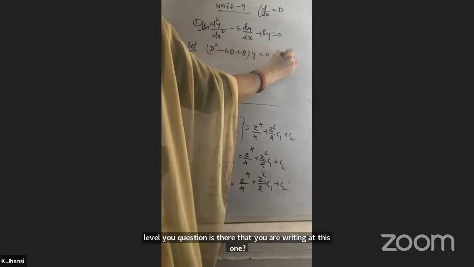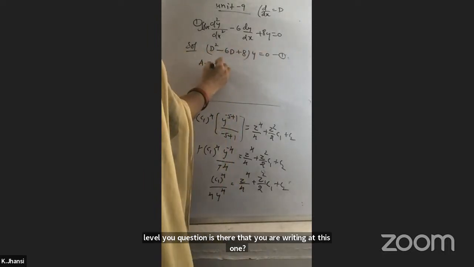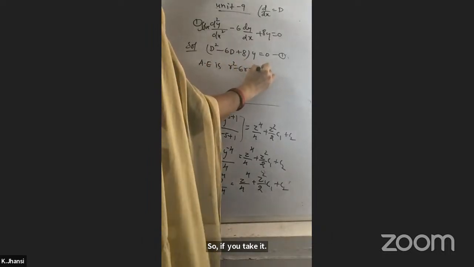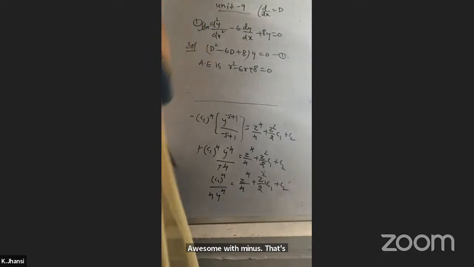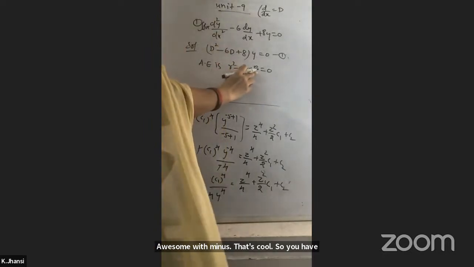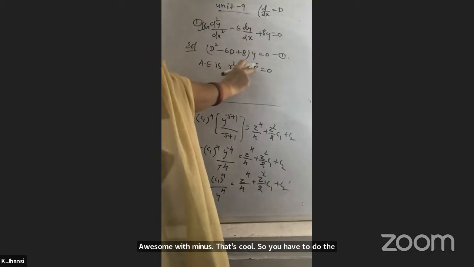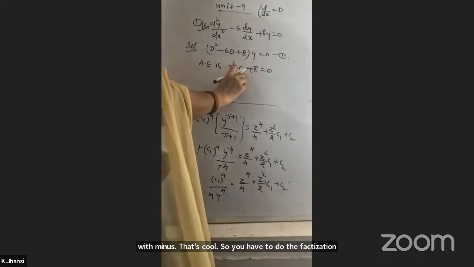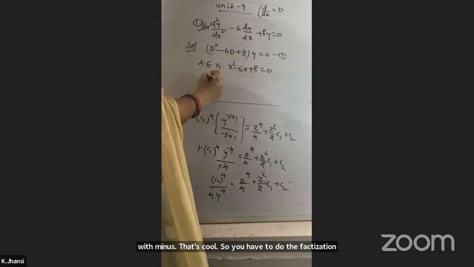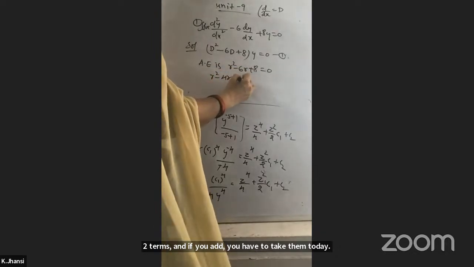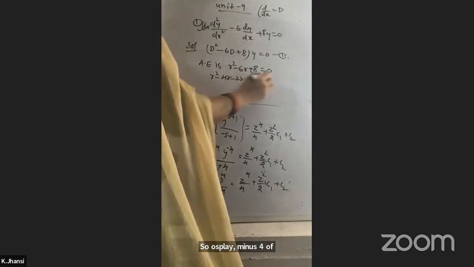So if you take it as equation 1, the auxiliary equation is r square minus 6r plus 8 equals to 0. So you have to do the factorization of this one. Factorization means if you multiply the two numbers, you have to get the last term, and if you add, you have to get the middle term. Okay. So r square minus 4r minus 2r plus 8 equals to 0.